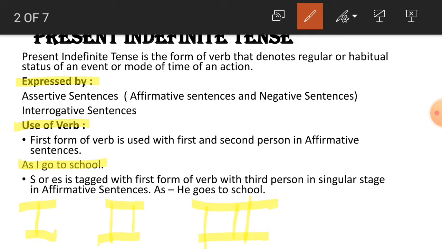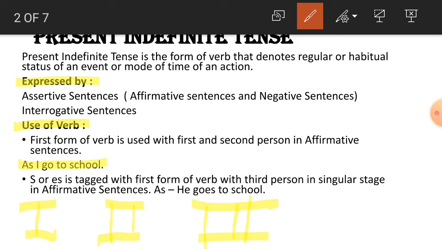It means if the person is third, but the stage shows plural status, we have to use the first form of verb as we use with first and second person.